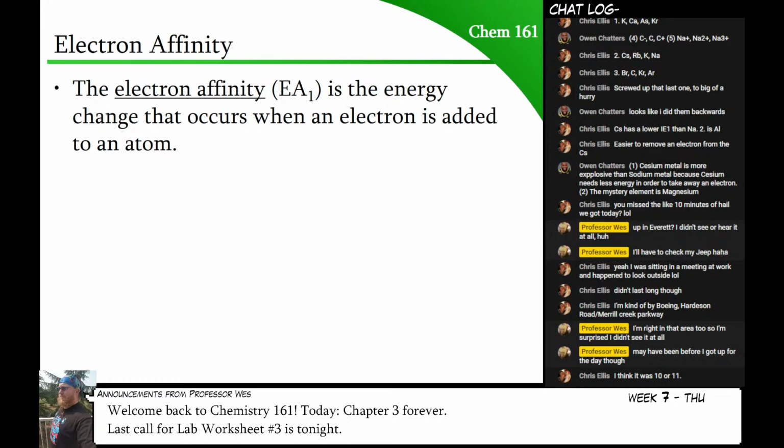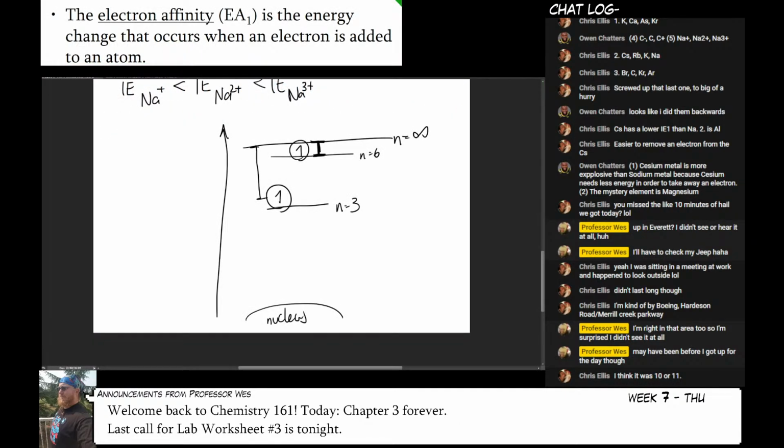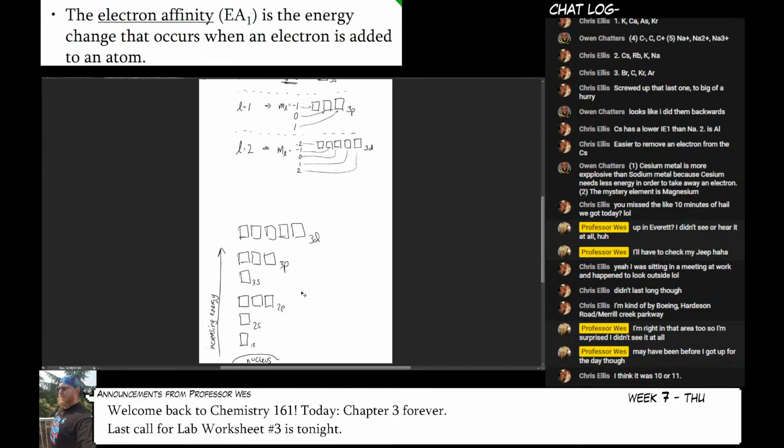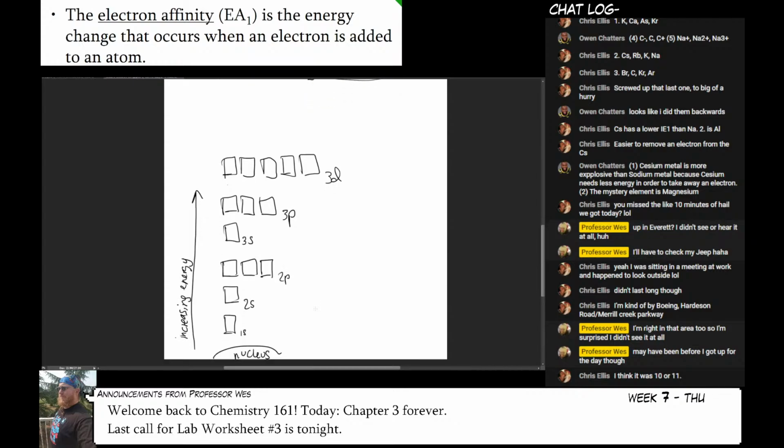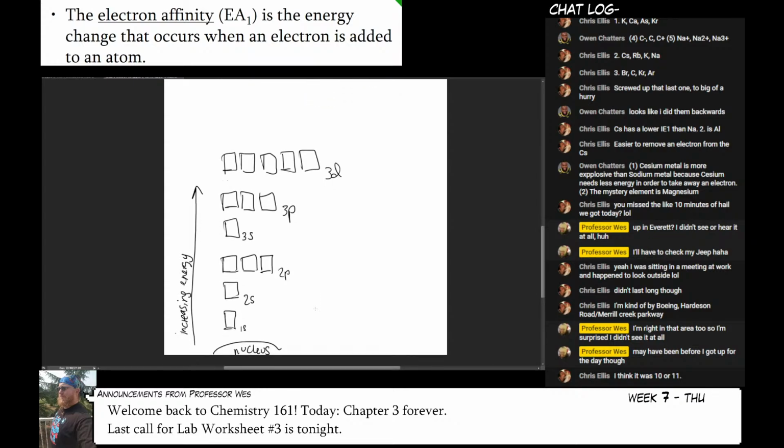All right. We're going to talk about electron affinity now. Electron affinity is the opposite of ionization energy in terms of what we're doing. So if I go over to this diagram that we've had forever, ionization energy would be me taking some electron. Let's put sodium in here.